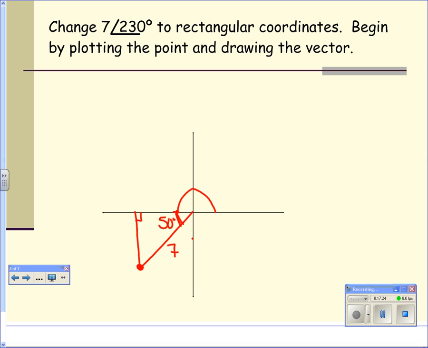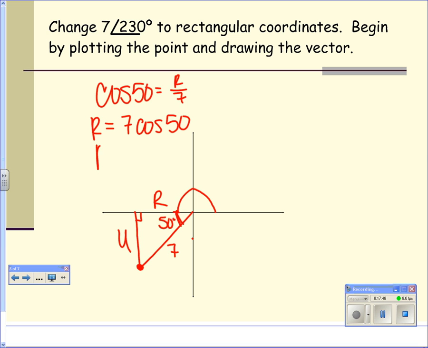Okay. Where is my R? And then where is my U? So how am I going to find my R? The cosine of 50 degrees. So what is R?